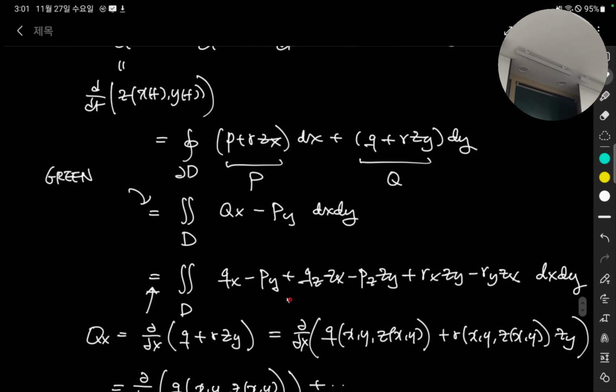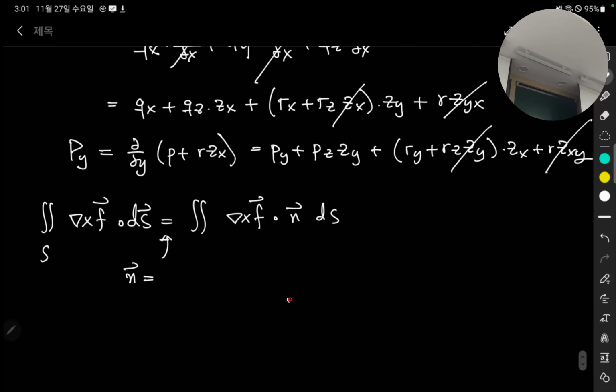So therefore, this n has to be S_x cross S_y divided by the size of the cross product, because you want to go up. So the order of the cross product must be this way. So what is S_x? By the way, S is (x, y, z(x,y)).